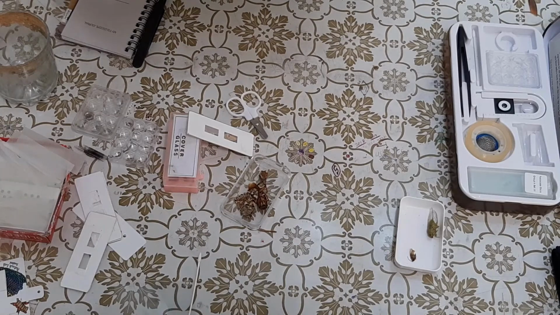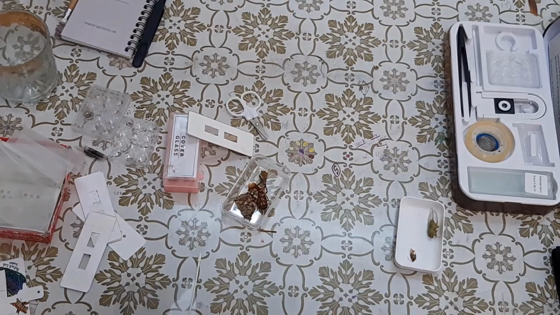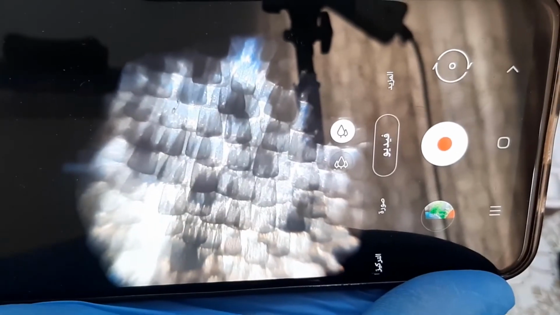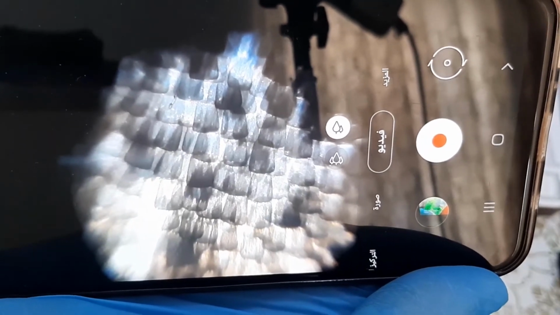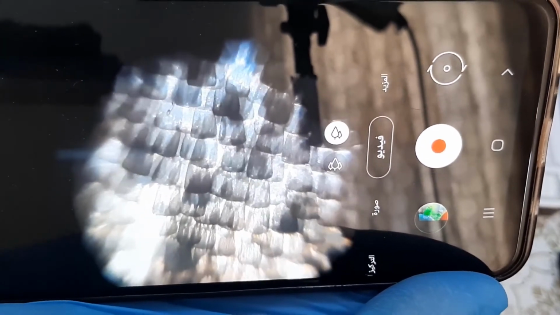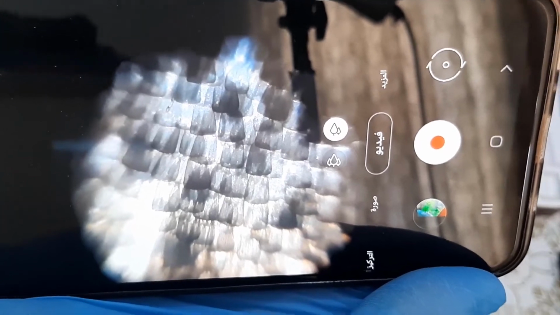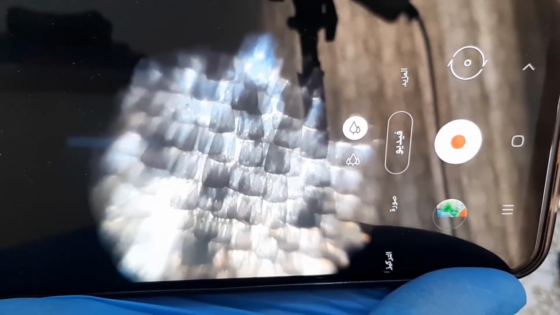Wow, this one looks beautiful. See, this is exactly what I am seeing now. It looks like a brush, the brush that we use for drawing.